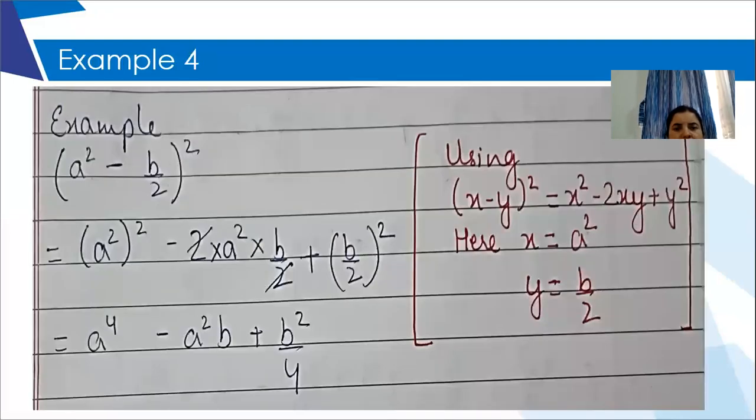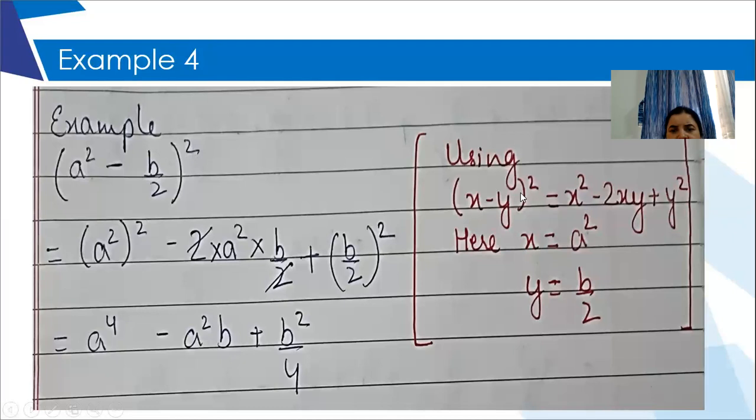This is the next one on your screen: a square minus b by 2, within bracket, and outside there is a square. There is a minus sign in between the two terms, and the only identity which will fit into this is x minus y whole square.